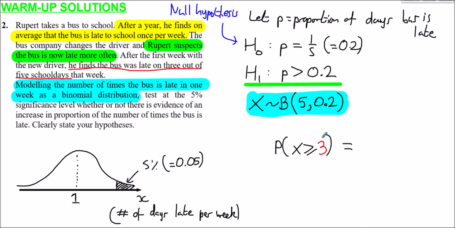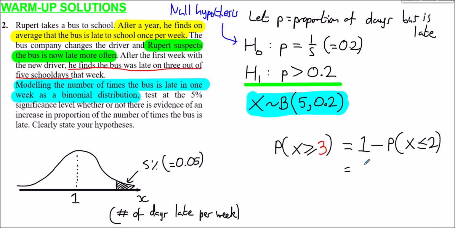So the chance of it being late on 3 or 4 or 5 days, that accounts for all scenarios, everything, apart from the probability that the bus was late 0, 1 or 2 times. So that's 1 minus the probability that it was late 2, 1 or 0 times.